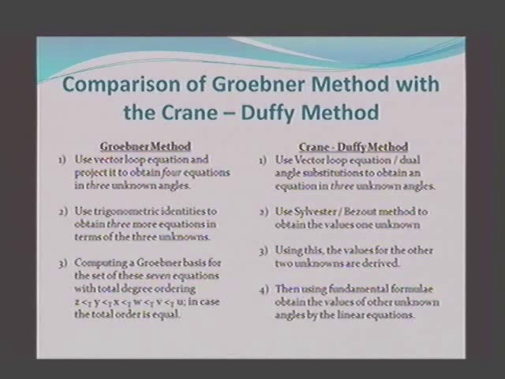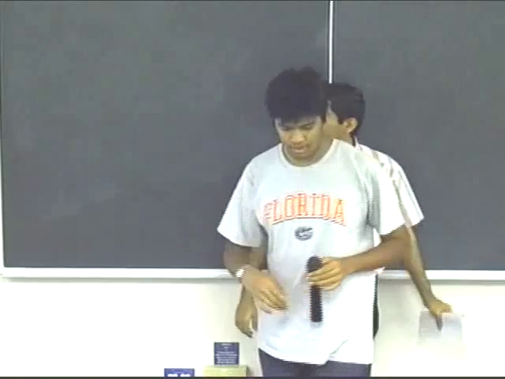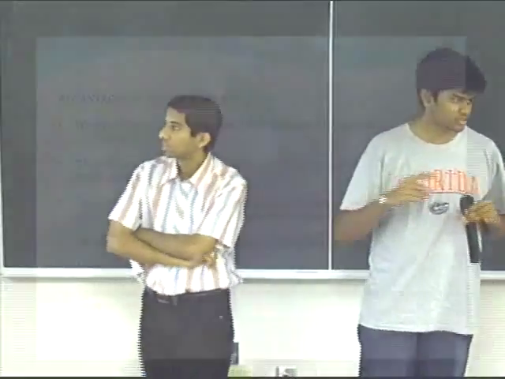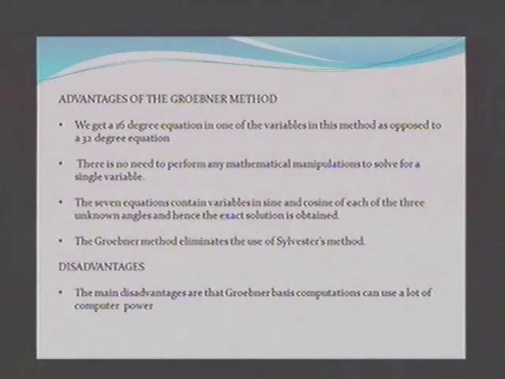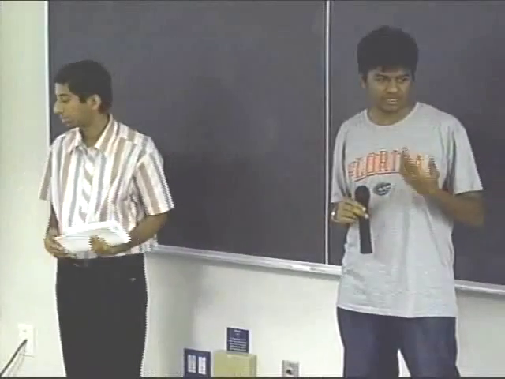And the advantages and disadvantages, Arima will tell you more. Since we're short on time, I'll just brush through them. We get only 16 solutions as opposed to Crane and Duffy's 32. And there is no need to perform any mathematical manipulations. You don't have to apply any trigonometric identities. Since we don't use Sylvester's method, we basically get a set of polynomial equations that we need to solve.